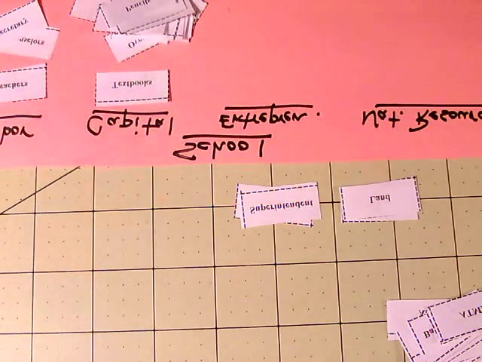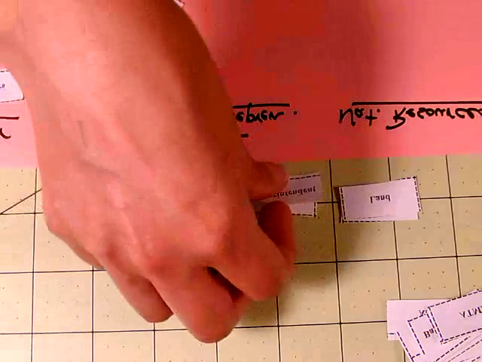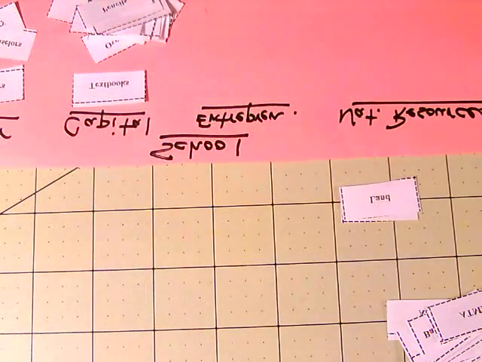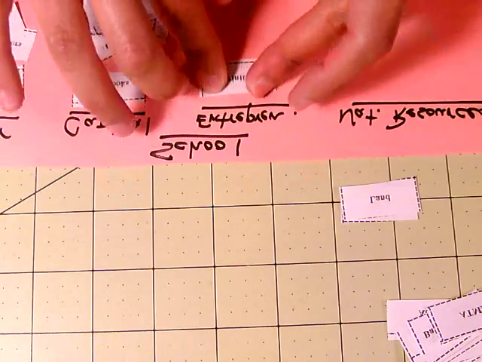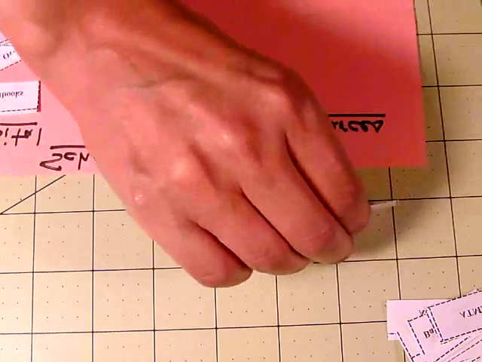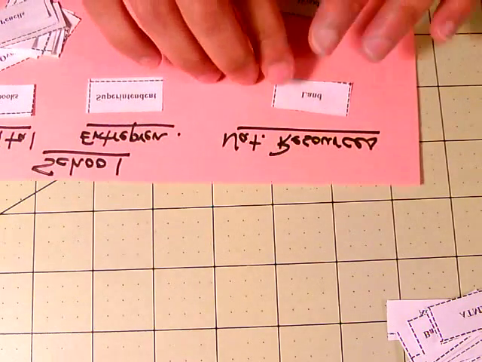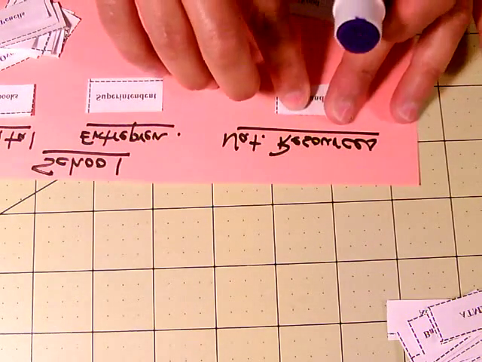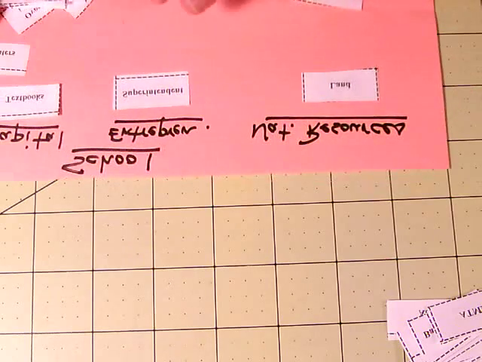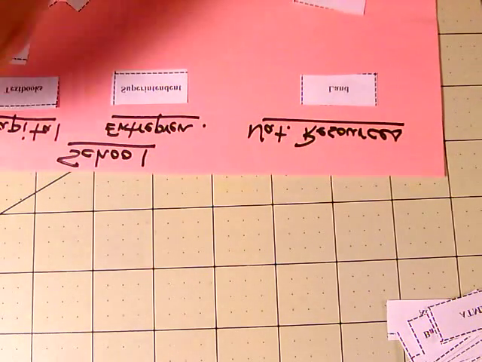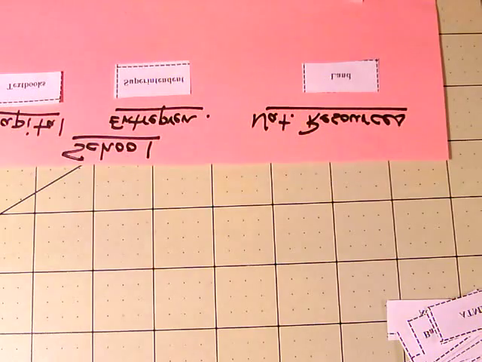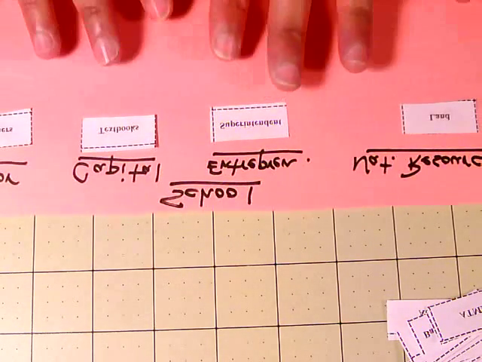I'll glue all of my labor there. All my entrepreneurs I'll glue down here, and then all of my natural resources I'll glue here. And now that I have glue on my hands, everything is sticking to my hand. But anyway, so this is what you'll do.